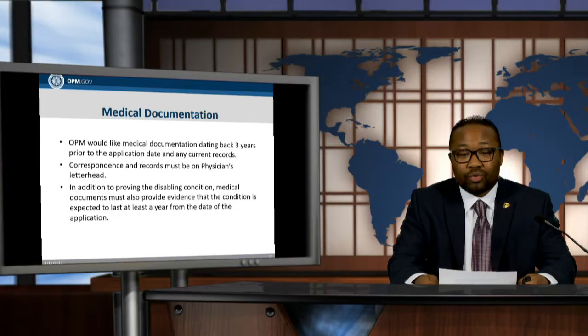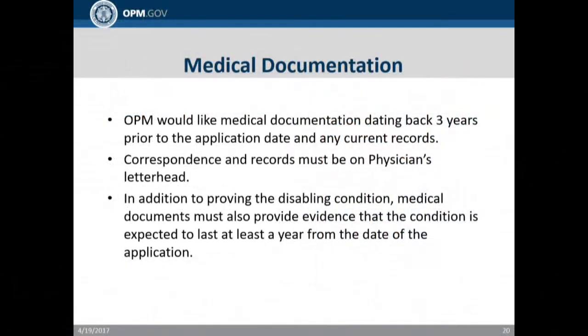We don't want actual x-rays, but we would like to have the reports from the doctor, or the doctor reports from the x-rays, consultations, mental status examinations, and the results of psychological tests, symptoms, how the condition affects their ability to do their duties, and OPM must be able to have a nexus of the disabling condition to the service deficiency.